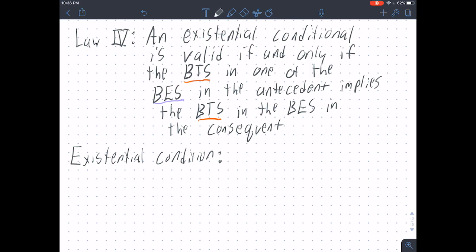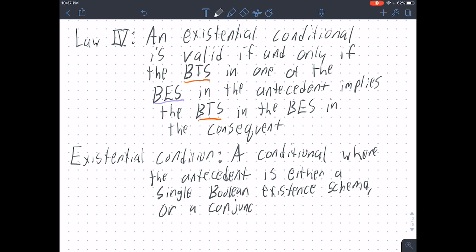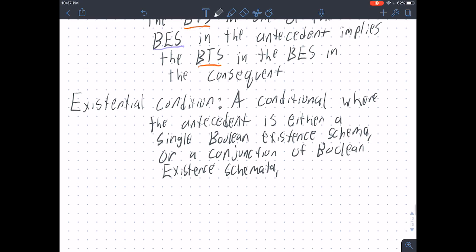So an existential conditional is a conditional where the antecedent is either a single Boolean existence schema or a conjunction of Boolean existence schemata, and the consequent is a single Boolean existence schema.